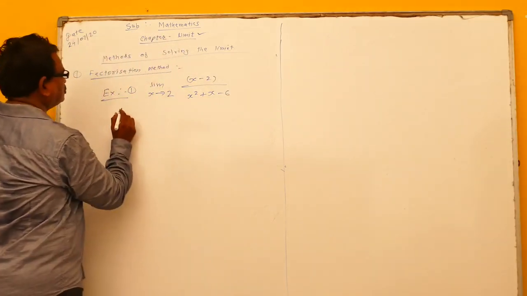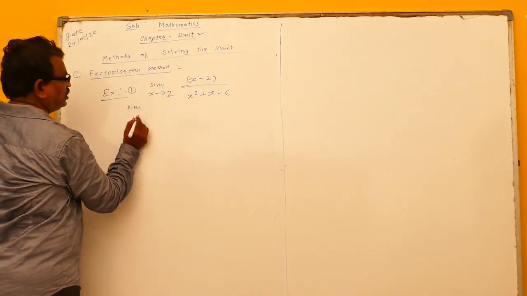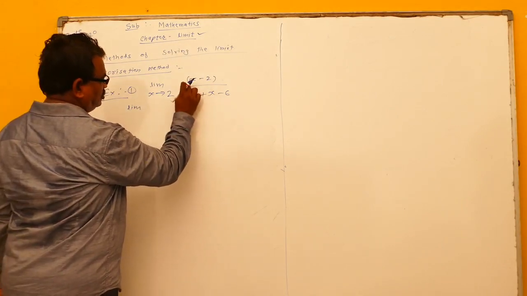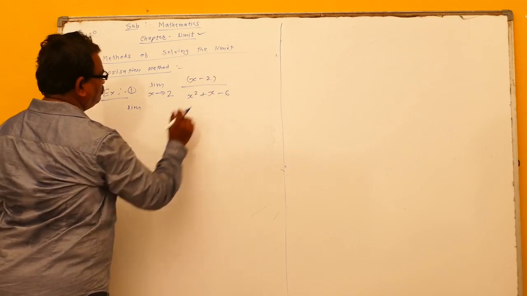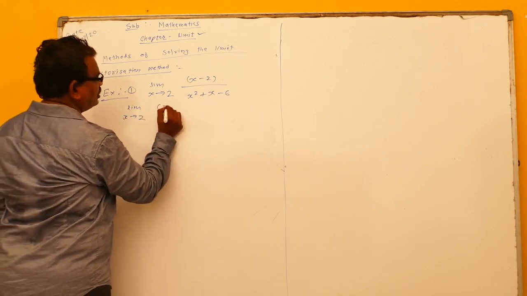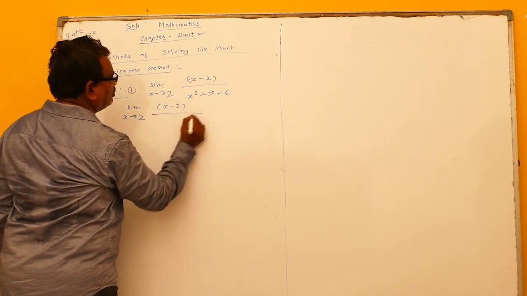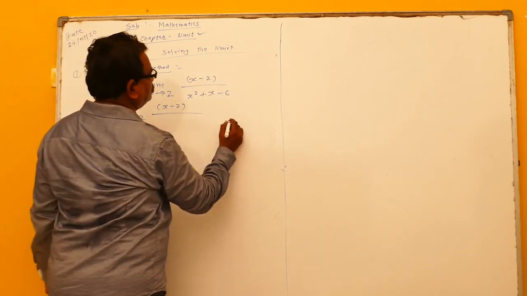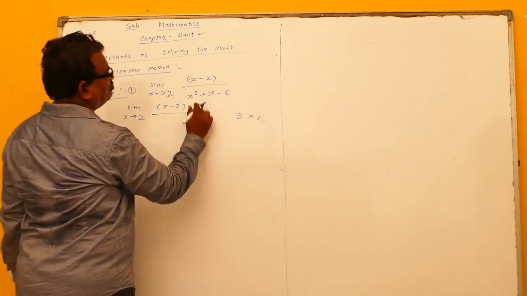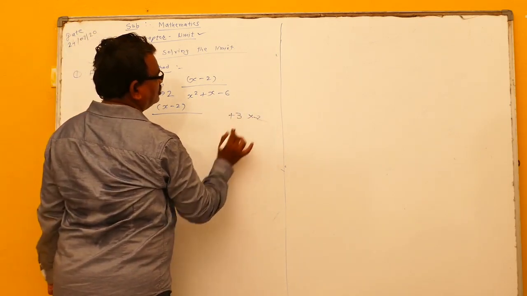So here, what are the factors of x square plus x minus 6? The numerator is already in factor form, so there is no need. So x tends to 2, (x minus 2) divided by the factors of the denominator, 3 and 6. Now the middle sign is plus, therefore the larger factor gets minus.